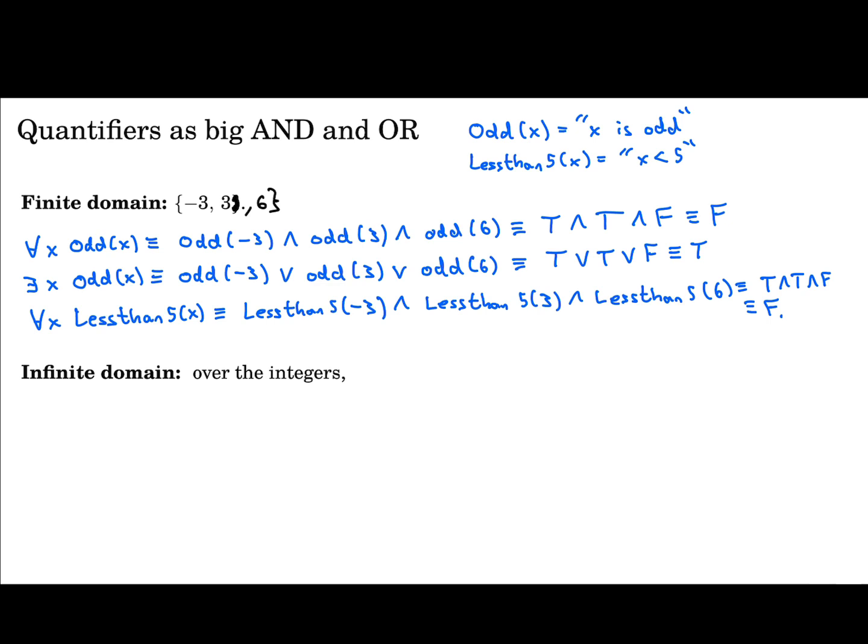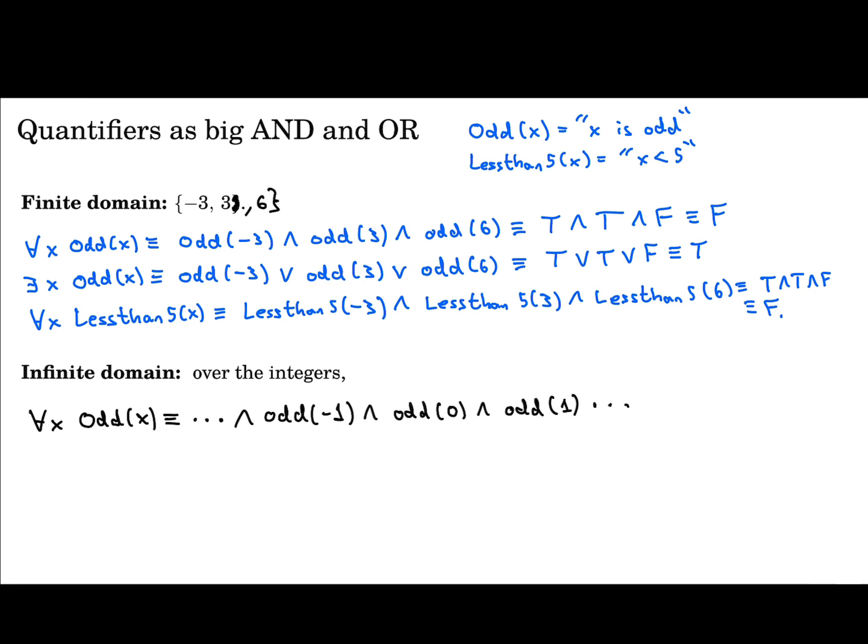So for every x, odd of x is true, this would be equivalent to sort of doing an infinite amount of ands with every single integer. So you'd have odd of -1 and odd of 0 and odd of 1 and so on. So you'd have odd of everything appearing.